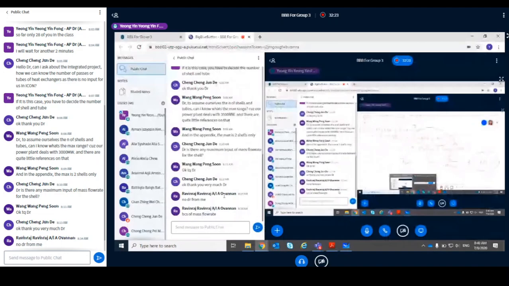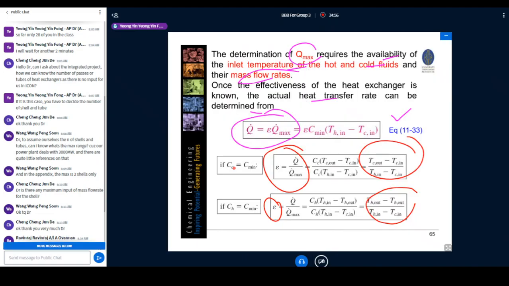If Cc equals Cmin, meaning that Q equals mc Cpc from the cold stream side, and Qmax is Cmin times (Th,in minus Tc,in), you can easily get the effectiveness if the temperatures are known.